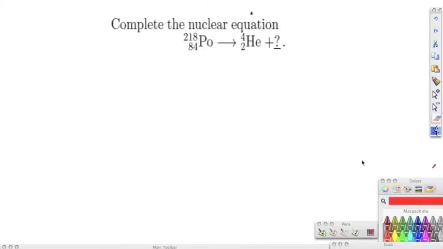All right, guys, on this one it says complete the nuclear equation. Now, when we're looking at nuclear, there's a couple things we have to remember. Remember that in a nuclear reaction, we're going to have the splitting or breaking off of elements. And basically what's happening is we're affecting the nucleus of a particular element. So what we have to see is that when we're looking in these equations, the numbers on top on both sides have to add up to be the same.